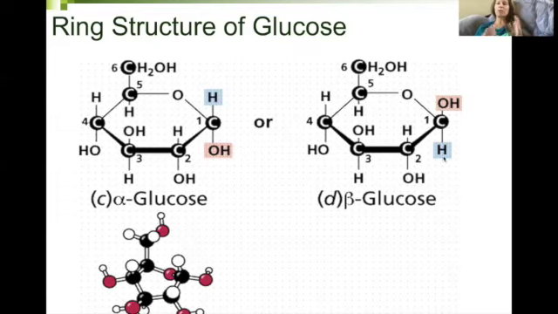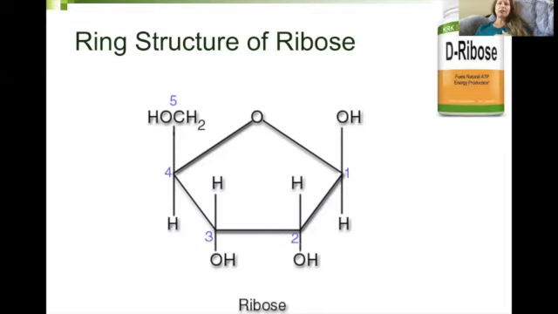We call these isomers. They can both be used for cellular respiration. They're just a little bit different in their formation. This is what ribose looks like. Sometimes if you're trying to build muscle, if you're a football player, you might take ribose supplements. It's still a sugar that can go in for energy building.